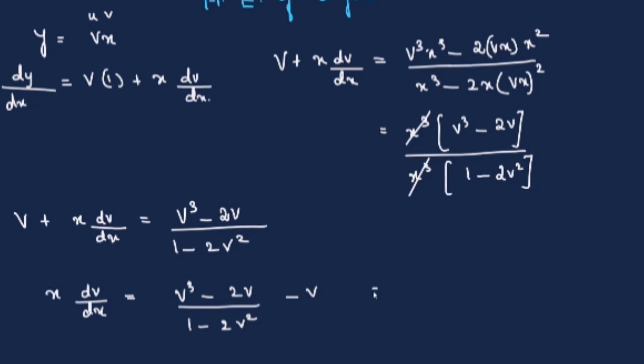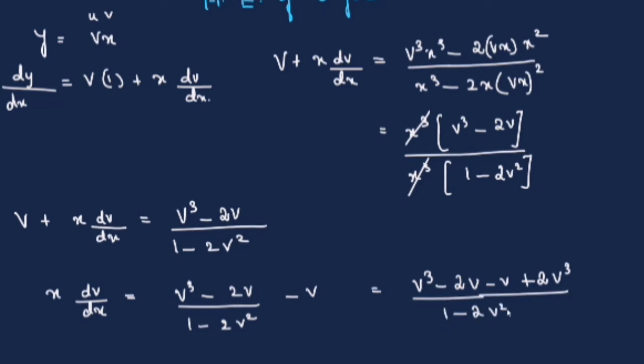So take the LCM and cross multiply. v cube minus 2v, minus v into (1 minus 2v square), minus into minus plus 2v cube, divided by 1 minus 2v square.